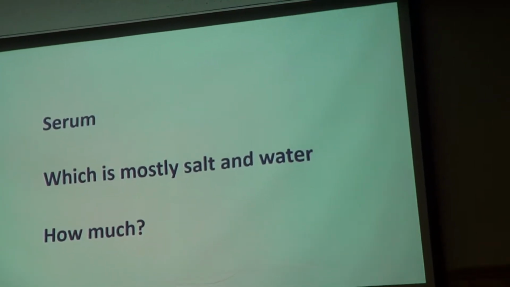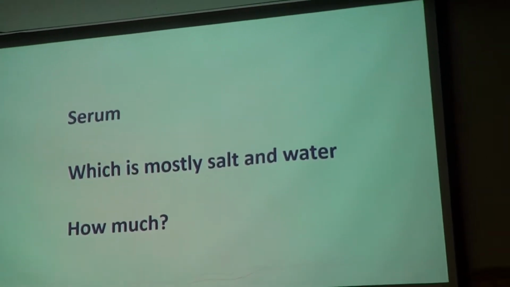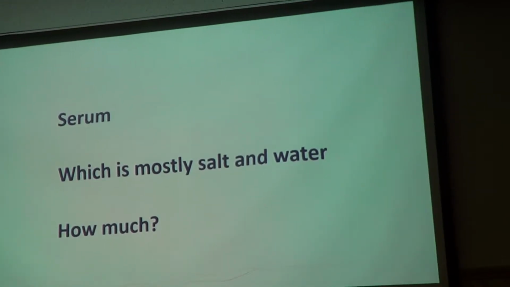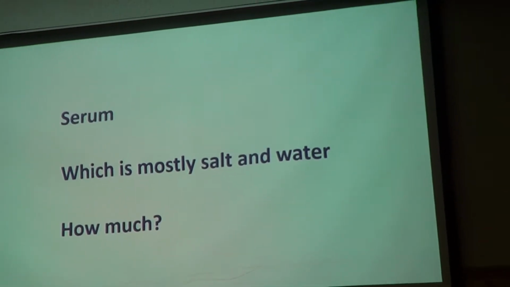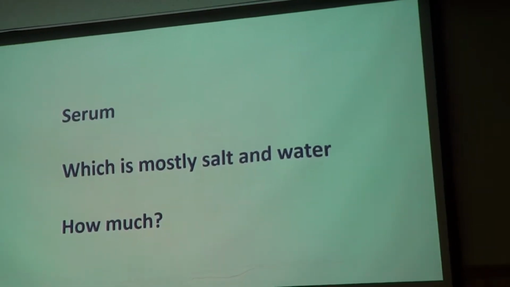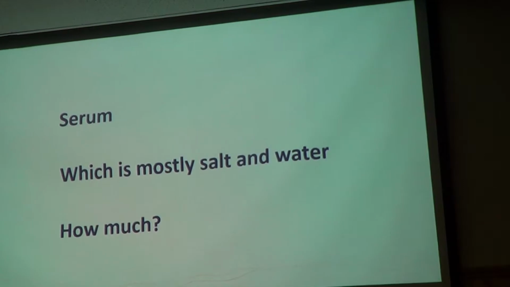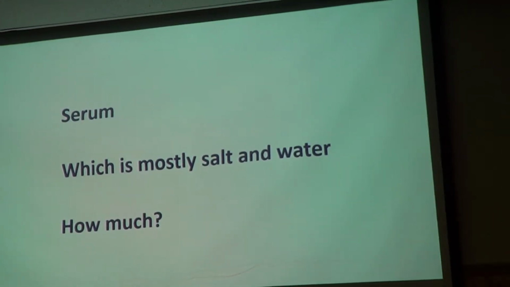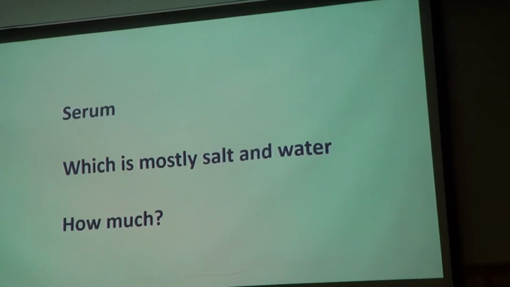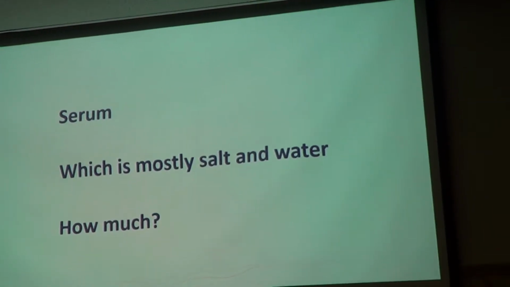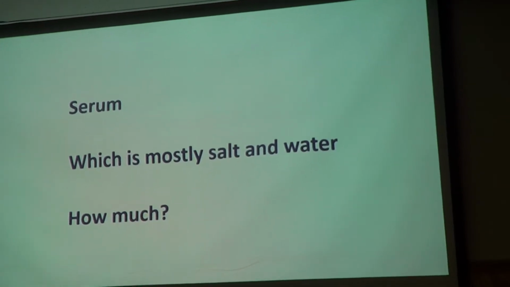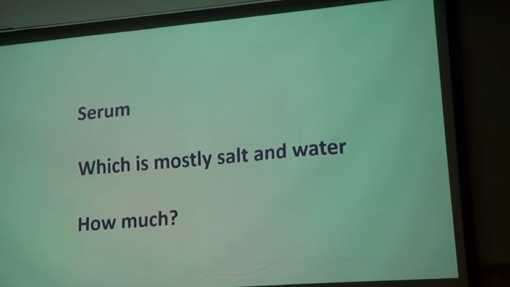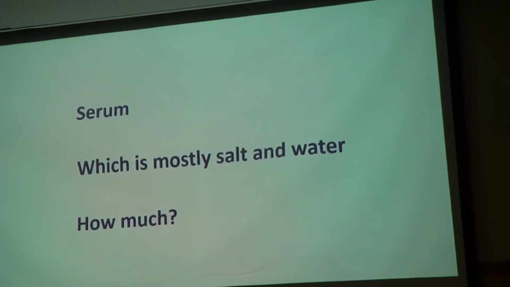How much? And I said 2 liters. 2 liters of normal saline. Remember the word normal saline. Why I bring up the point: normal saline is isotonic. Now what does isotonic mean? Isotonic means its concentration is compatible with blood.